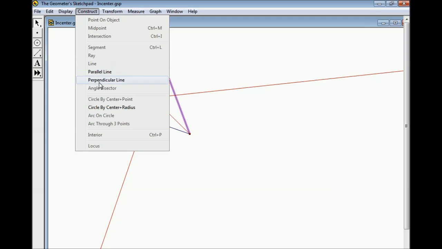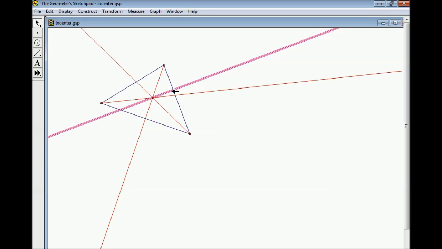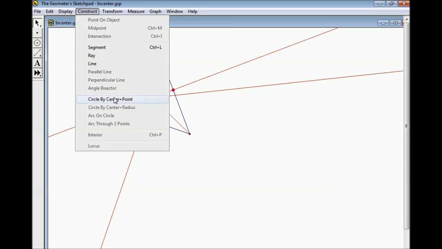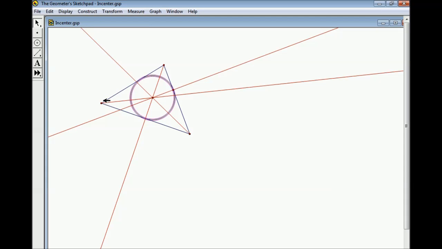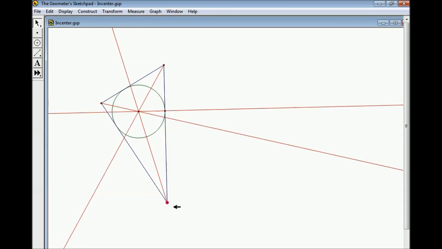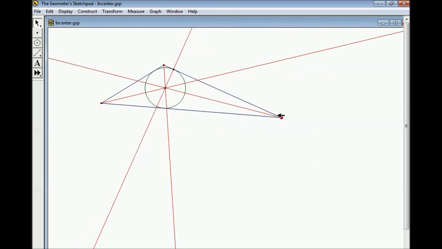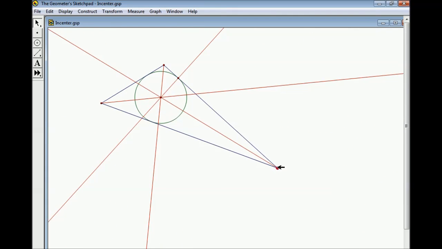So now we have this point of intersection between that perpendicular line and the side. To construct the circle, you would just go construct the circle by center and point, pick that point that was on that perpendicular line, and we create the circle. So here you can see that no matter what happens, the center of the circle is the incenter.